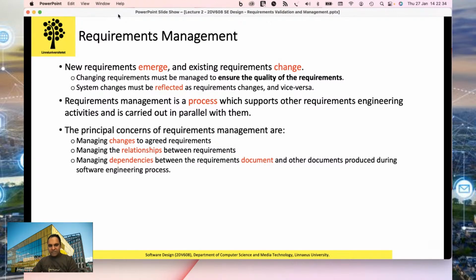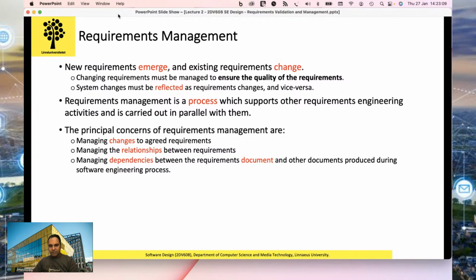This process is usually concerned with managing changes to the requirements, how various requirements are related, so the relationship between requirements, and also the dependencies between the requirements document and other software artifacts or other software engineering processes.